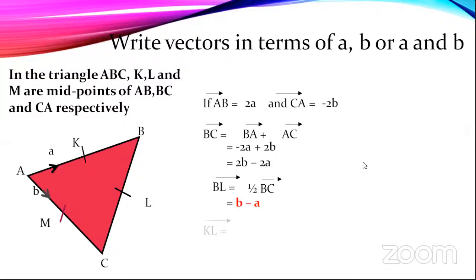The final one is KL. Now, let's look at KL. KL is a little bit tricky, but let's see what is happening here. Because of time, we have to go through quickly to get from K to L. If I draw a line segment here, we're going from K to L. Can you tell me KB? Yes, KB.